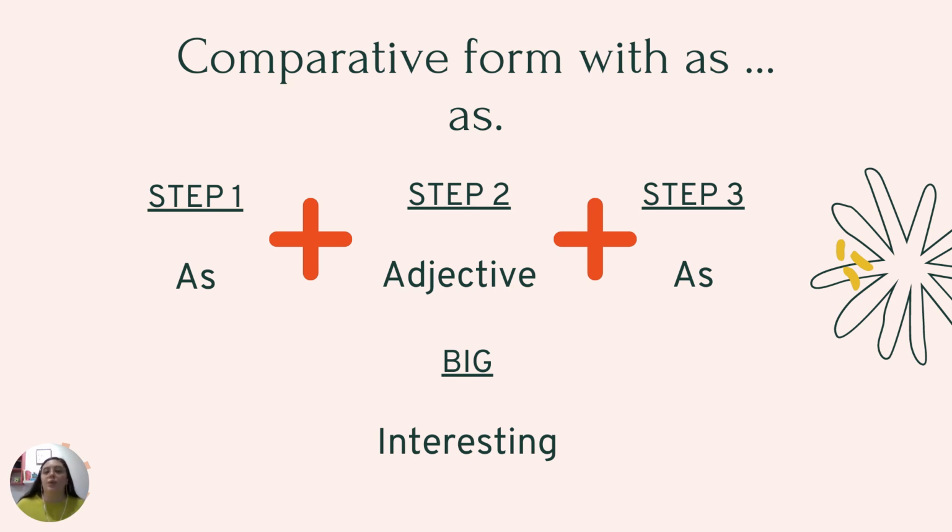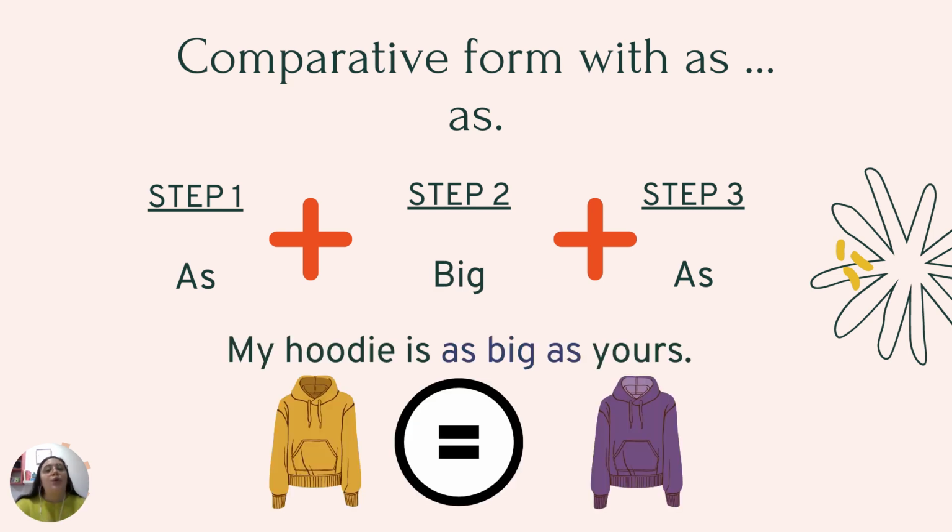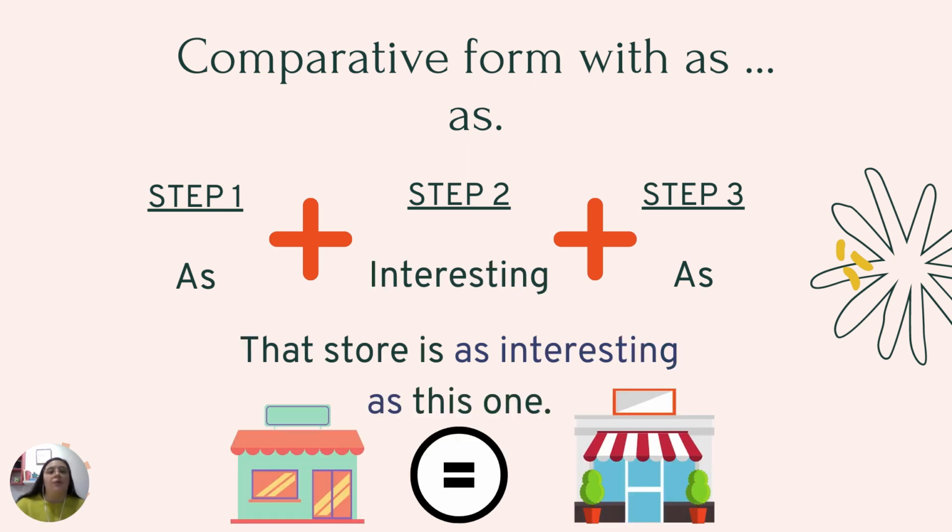Let's see some examples with the adjectives big and interesting. My hoodie is as big as yours, meaning that you want to say that both hoodies are the same size. Now we have that store is as interesting as this one. You see, both stores are the same, they're interesting, okay? In the same way, the adjective stayed in the normal way, and we just added the word as and the other as.